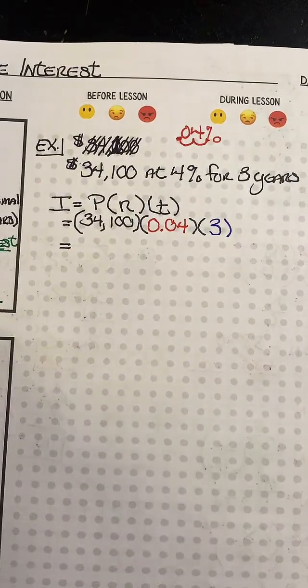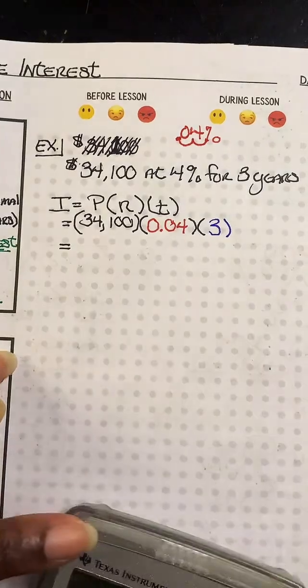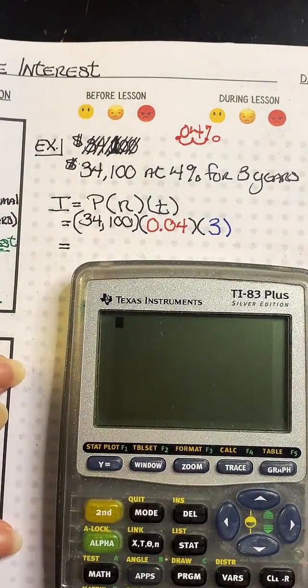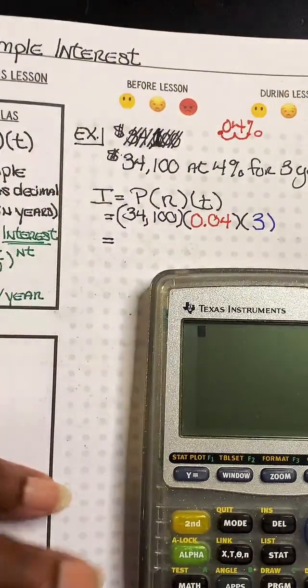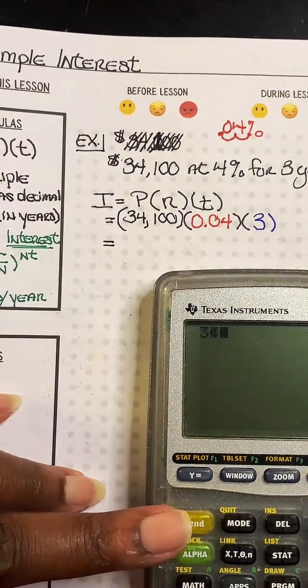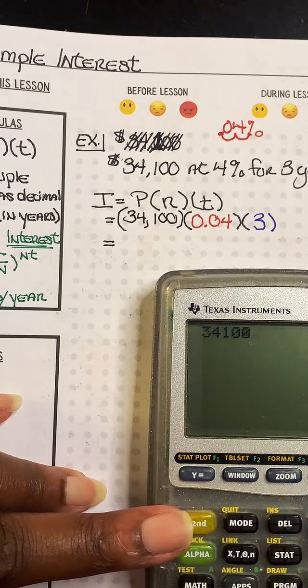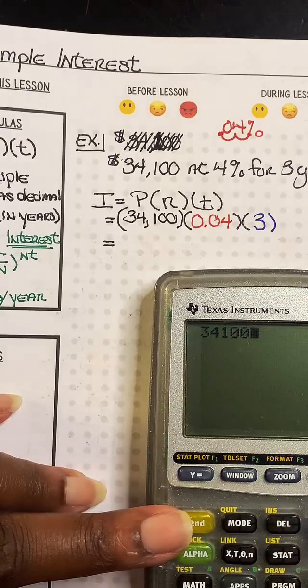Okay, so let's see if I can get my handy dandy calculator here. So you have your 34,100 times your 0.04 times your 3.